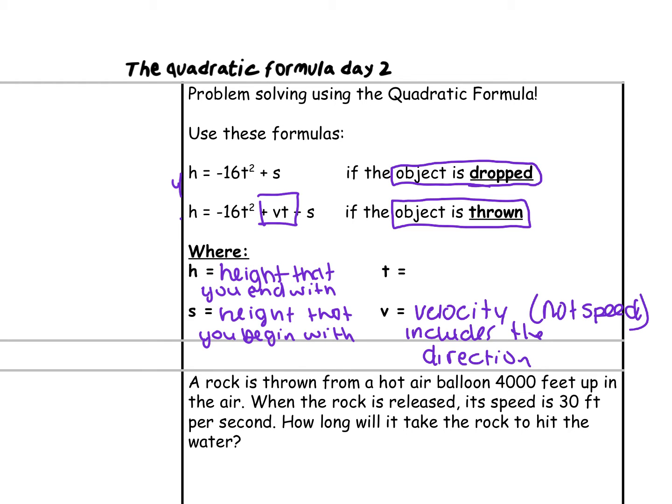So for example, if you are throwing something, like you start at a level of 30 feet, like you're on a second story roof and you throw it, your initial height would be 30. If you're wanting to know when it would land, your H would be 0. Okay? So H is the height that you end with, S is where you begin, and T is time in seconds.